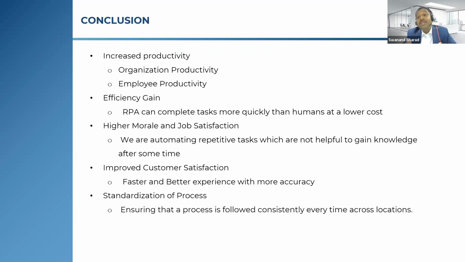RPA is evolving, and there are multiple features. We can even include AI and ML features here. For PDF reading, we are using AI/ML methodologies like OCR engines and all those things. They can be integrated with RPA, right? Yes, perfect.